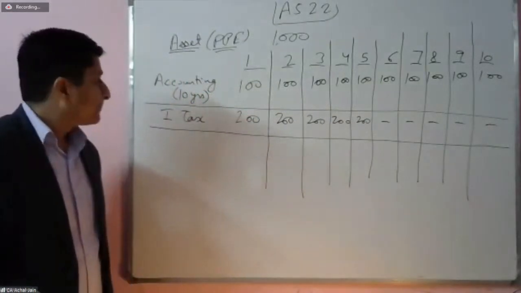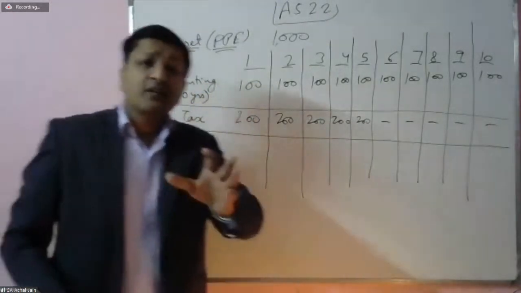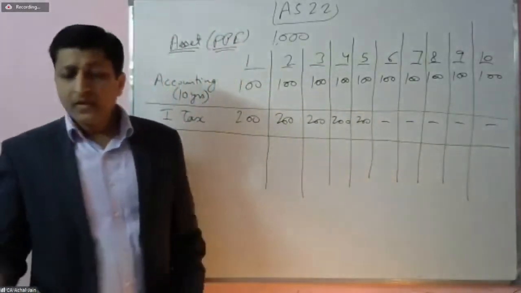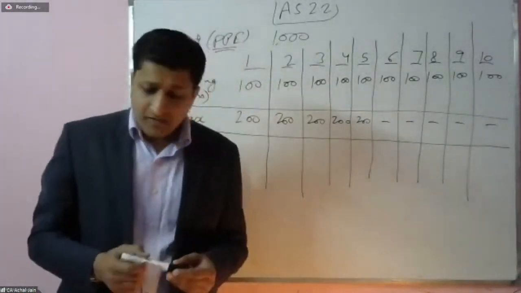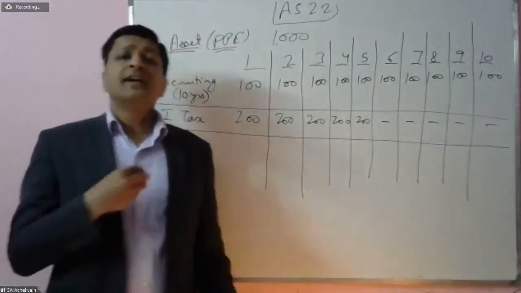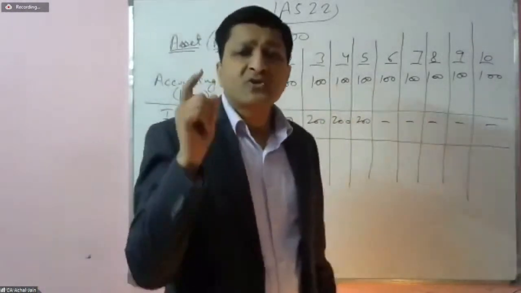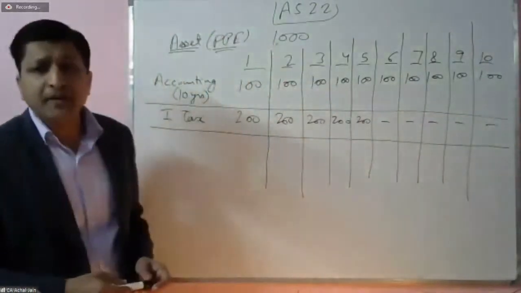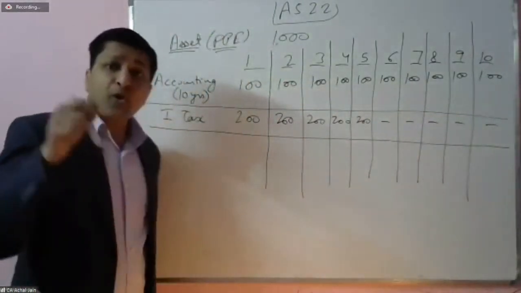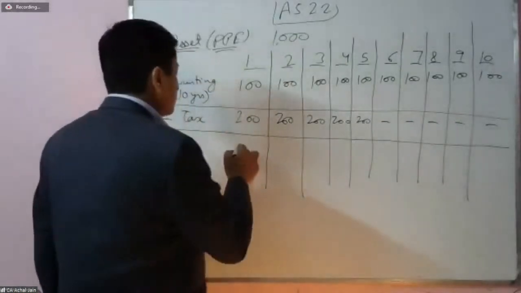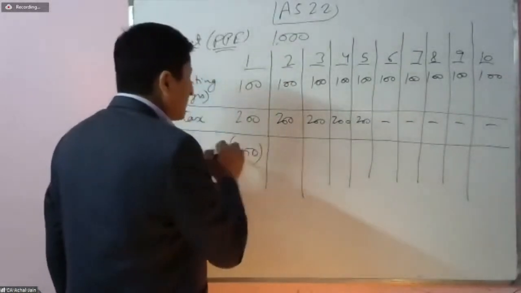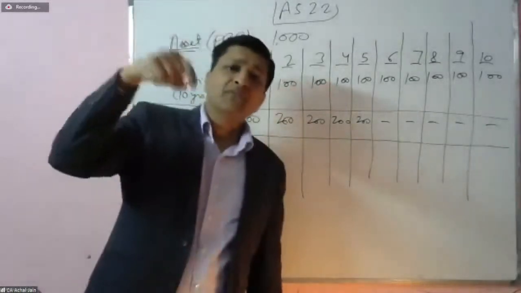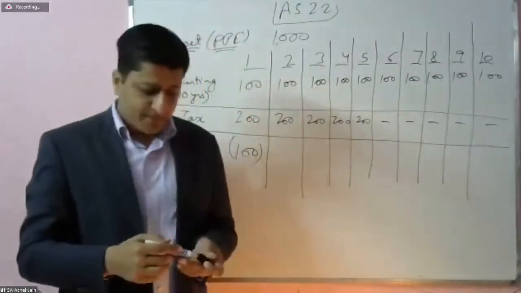But income tax did not accept this depreciation. Income tax said that I will consider a depreciation charge of rupees 200. So as a result of this, what will happen? My profit will go down by rupees 100. My income will go down by rupees 100.